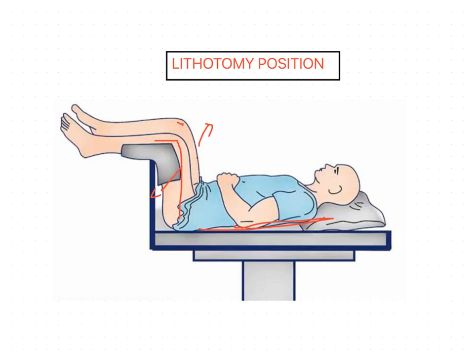This is the position for vaginal examination and vaginal delivery of the fetus. So this is called the lithotomy position. It is lying on the back with knees bent and thighs apart, the position for vaginal examination and vaginal delivery of the fetus.